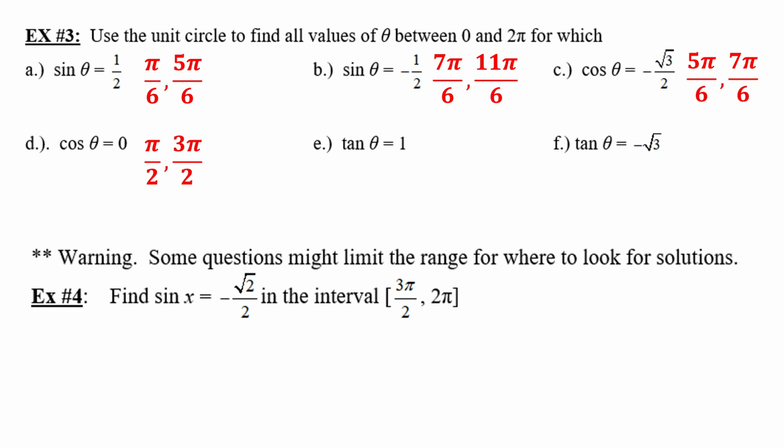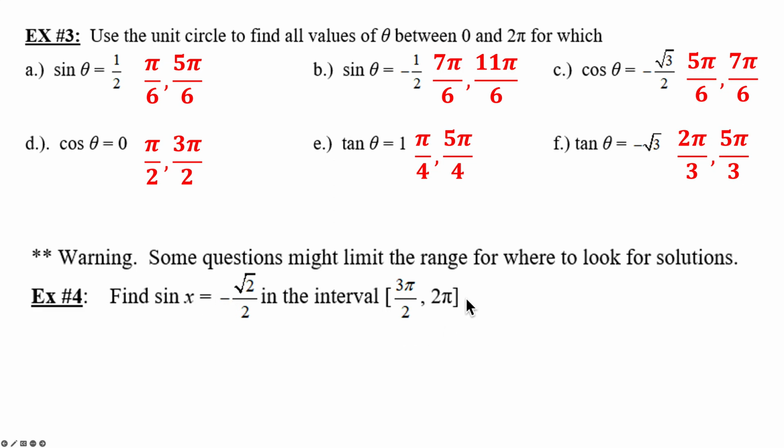Sine over cosine has to be the same over the same, which is at pi over 4 and 5 pi over 4. Oh, negative tangent, that's quadrant 2 and 4. We have radical 3 over 1. So we need 2 pi over 3. And let's see, we got to go 5 pi over 3.